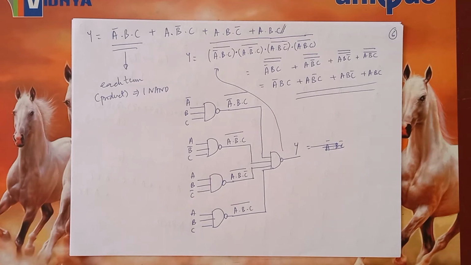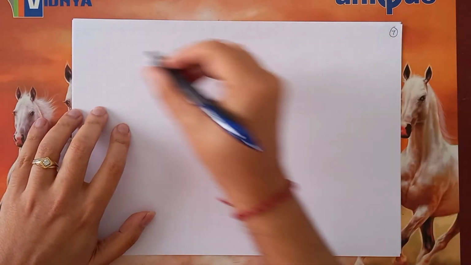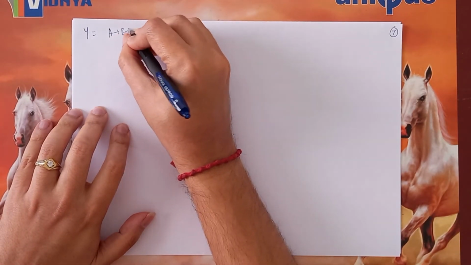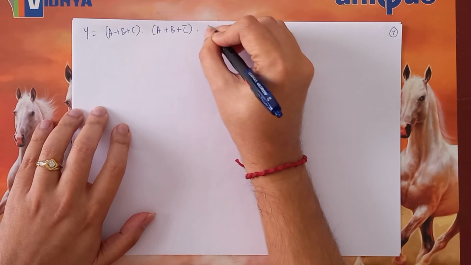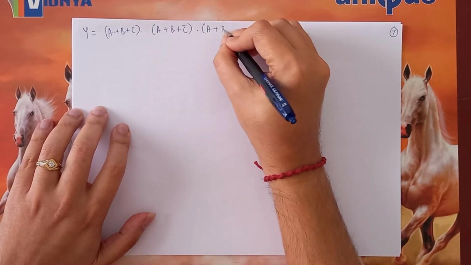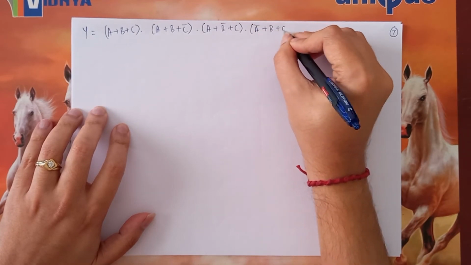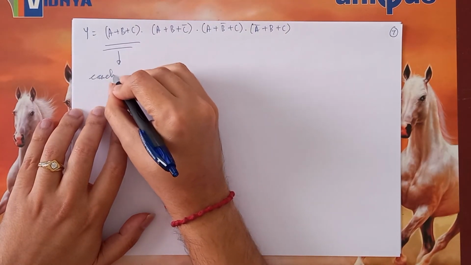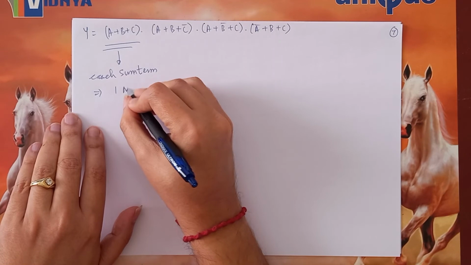Similarly, we can do the same for POS form. Let us see how. So for the same problem, the POS form in canonical was this: A plus B plus C dot A plus B plus C bar dot A plus B bar plus C dot A bar plus B plus C. So once again, each sum term corresponds to one NOR gate.